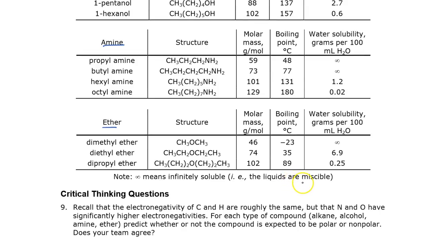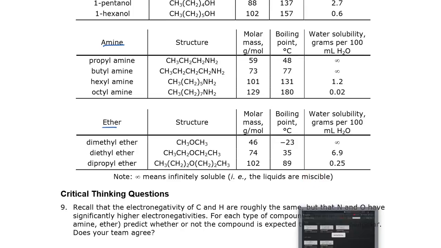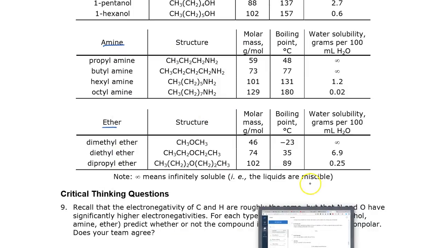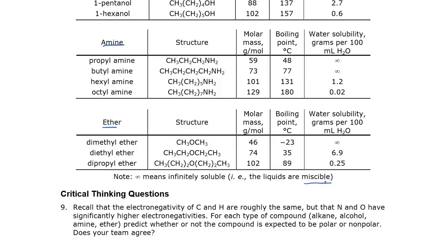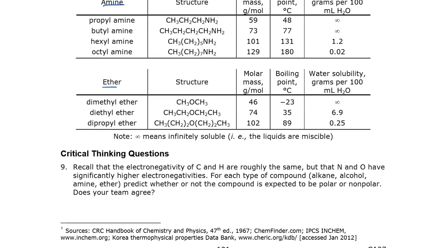When the liquids are infinitely soluble, that means they are miscible. Miscible is the word that means you can mix them in any proportions and they will completely mix. They will not form layers like oil and water. Okay? So we're ready to move on with the questions.